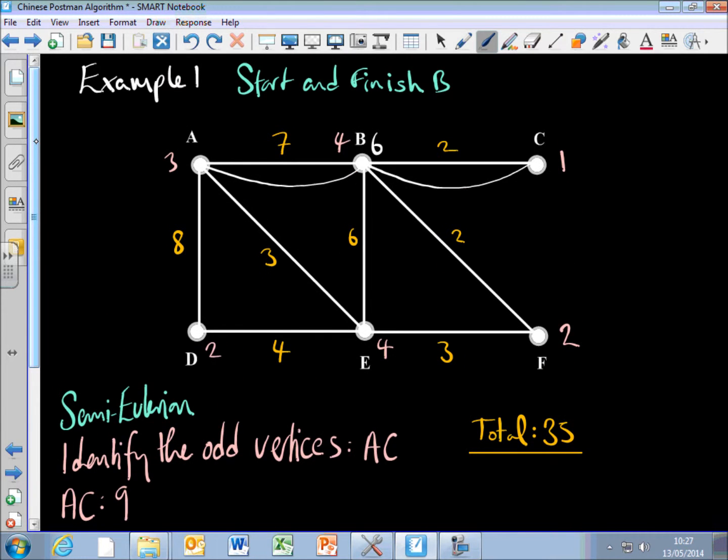Now I've added those edges, you can see that the network is now Eulerian, because this is now 4, and this over here is now 2. They're all even, so I can start anywhere I want and get back to where I started. And the total route, or the optimal route, will be me travelling over every edge, which is 35, and then I'm going to add on the bit I've done again, which is just 9.